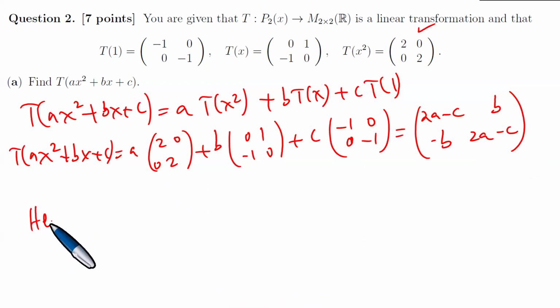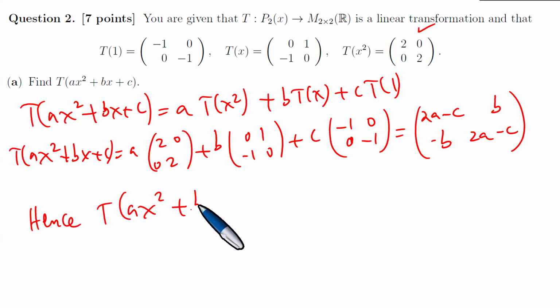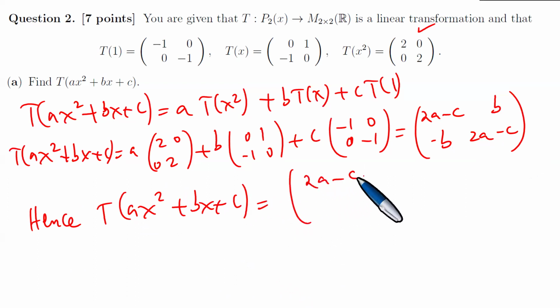We are able to say T of ax² + bx + c is 2a - c, -b, b, 2a - c, and that becomes exactly the answer to this question. So we found exactly T of ax² + bx + c. We move to the next question.